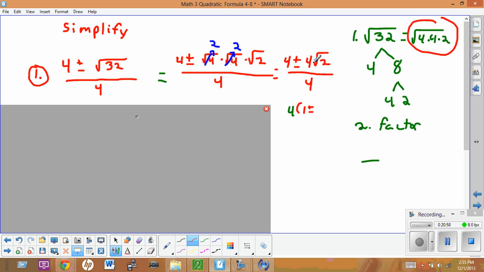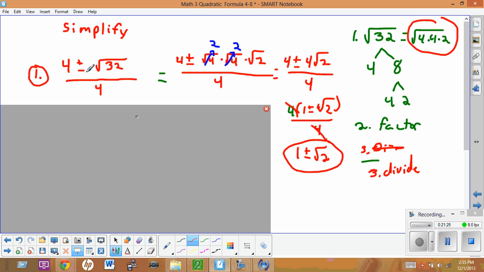And now we can simply divide out the terms, so this would be 1 plus or minus the square root of 2. And that's how we simplify after we use the quadratic formula. Simplify the radical using a factor tree, and then see if we can divide out a common term.